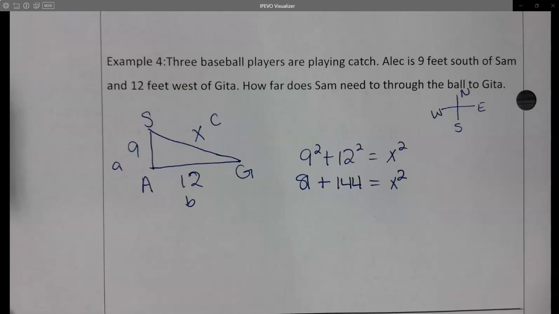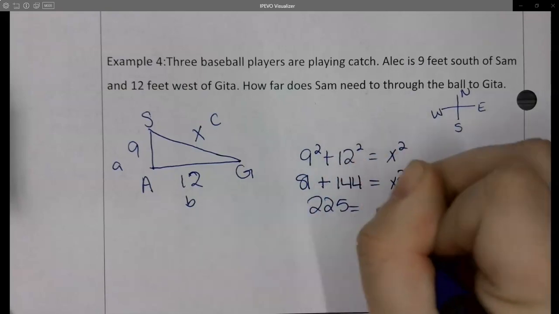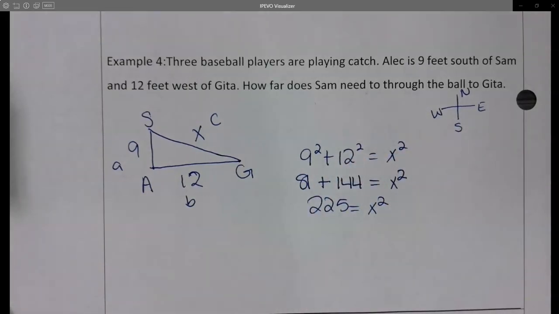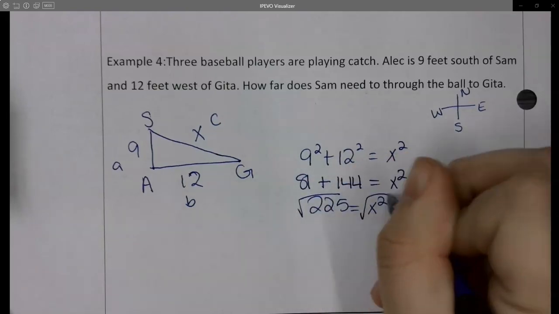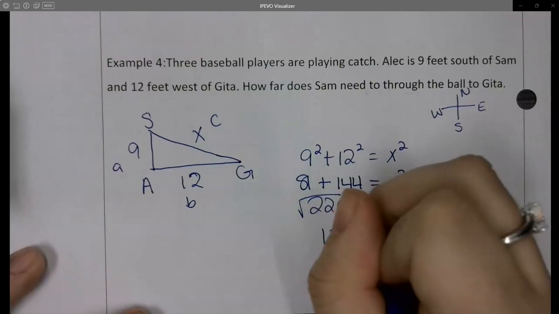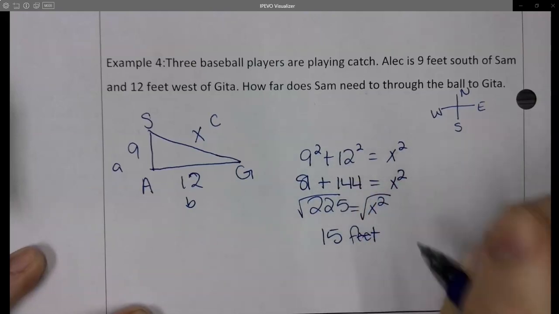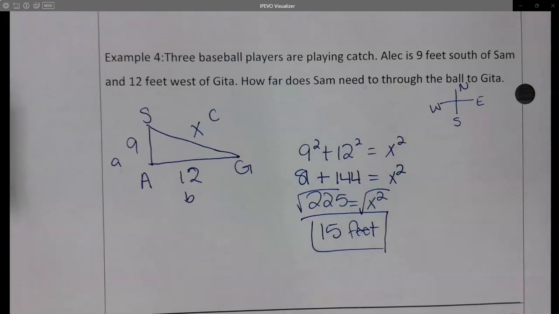Then what is 81 plus 144? 225. And then I want to square root both sides. What is the square root of 225? 15. This one, since it was a word problem, I want to say feet. Questions here?